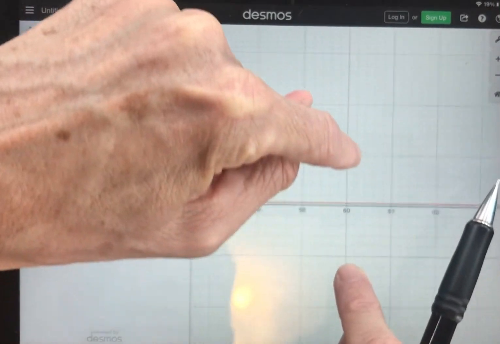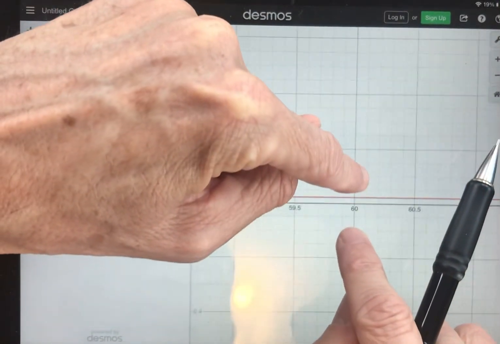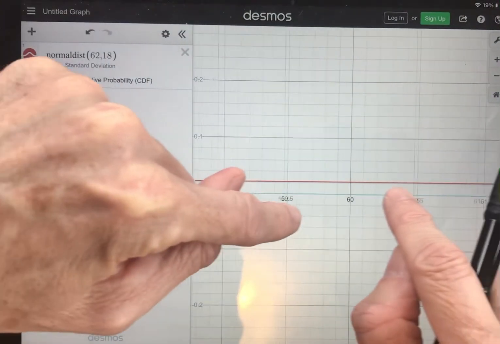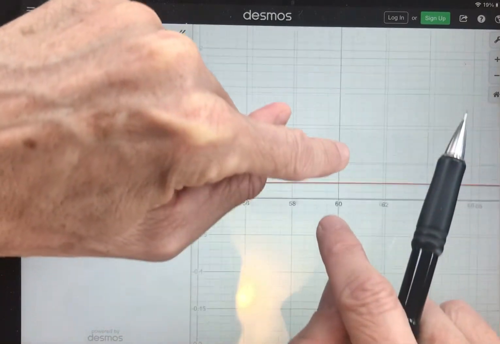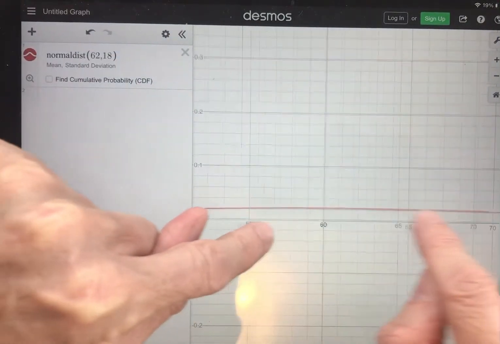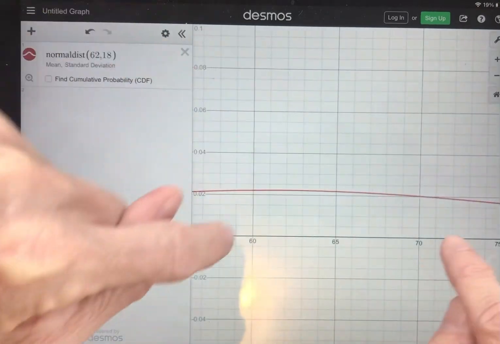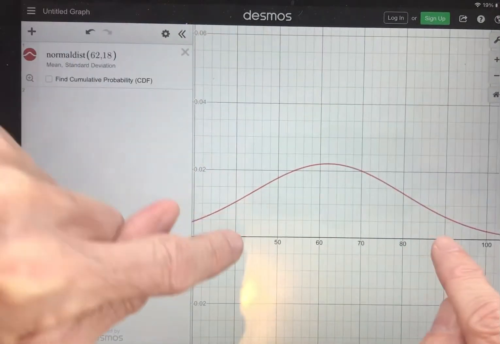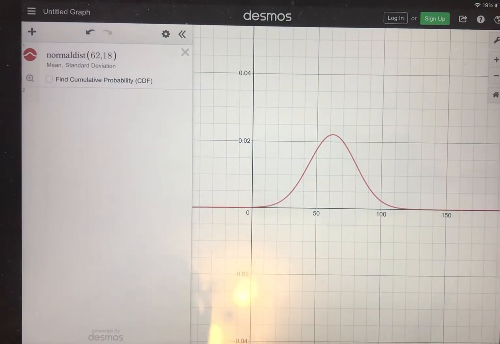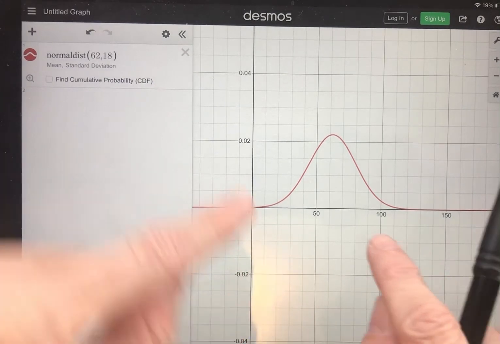So we really need to kind of zoom in here to get a normal distribution. And there you go. So now we can get a sense of the normal distribution.